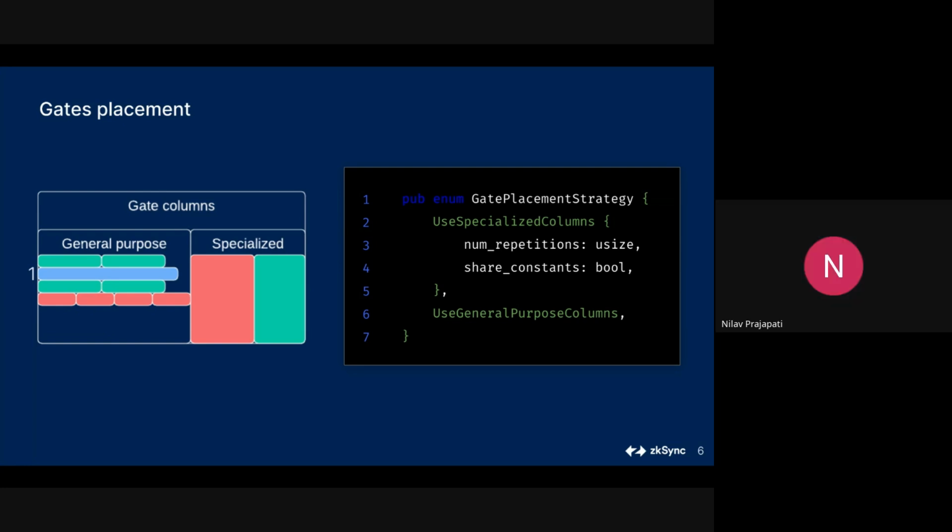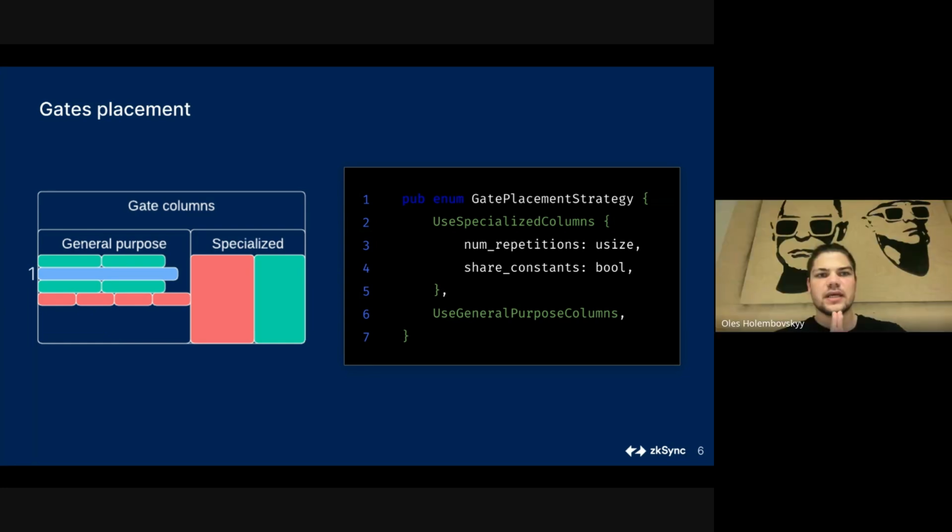Yeah, okay, I got it. Okay, thanks. And the key point is that maybe you say, okay, maybe it will be more efficient, for example, to put some more gates here, because we have a little bit more space. It could be more efficient in the sense that we use our space more efficiently, but it will be harder to prove and to verify, because then for one gate, you need multiple selectors.